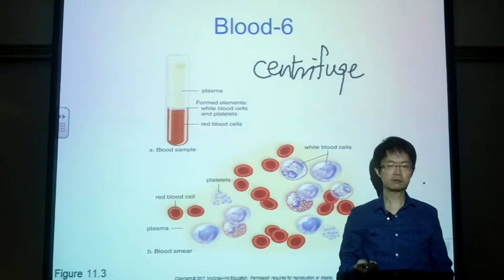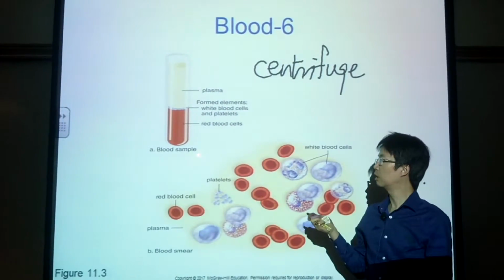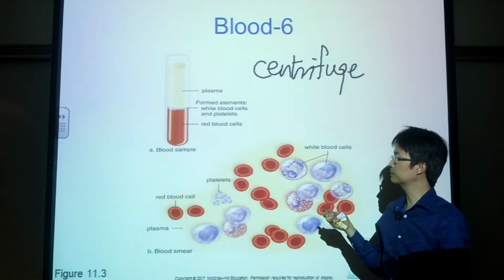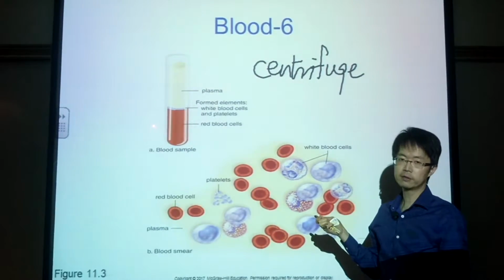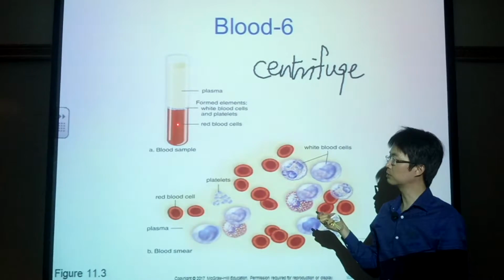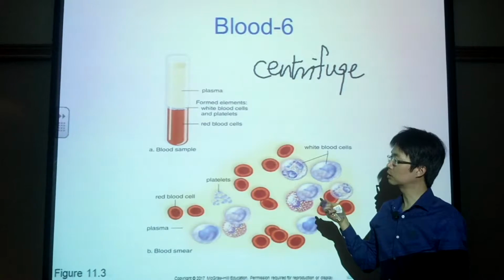When it spins very fast, the centripetal force will separate substances: a substance that has a heavier weight will go to the bottom, and a substance that has a lighter weight will go on top.